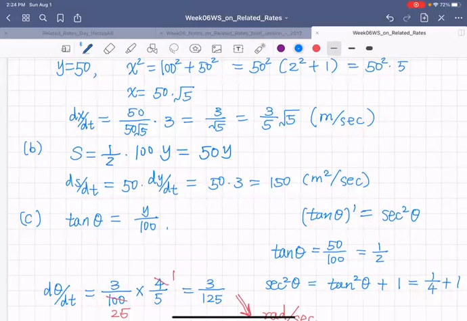The derivative of tan is secant, and square, secant square. And then d theta over dt, right? Equals, and then on the right, the derivative of that.